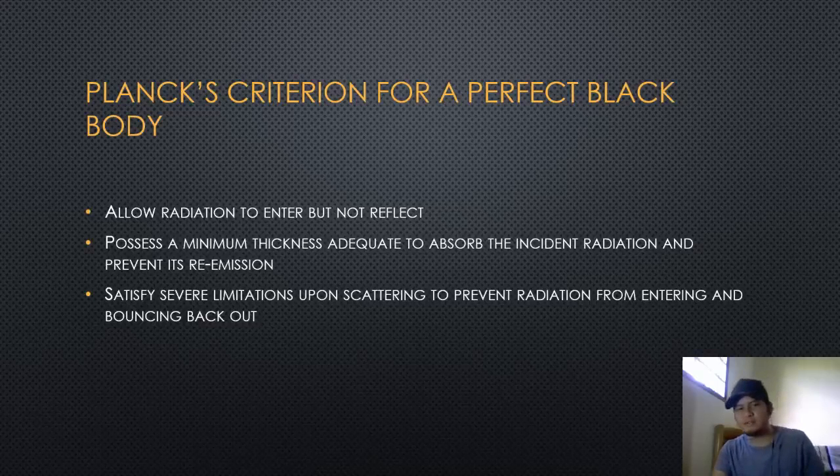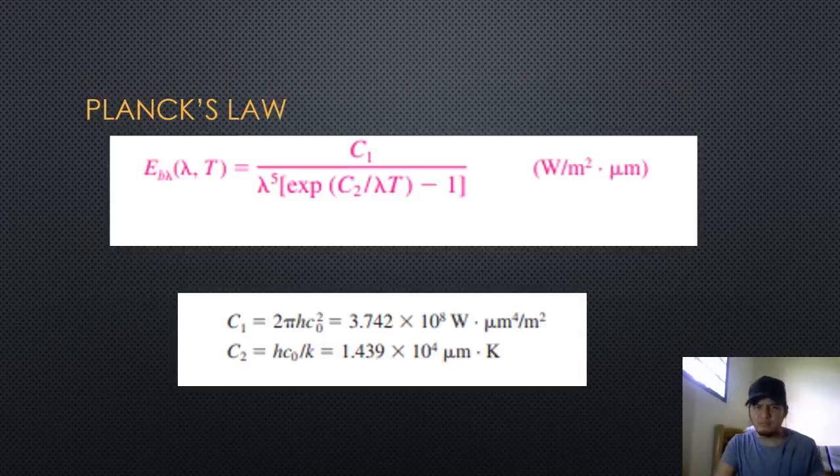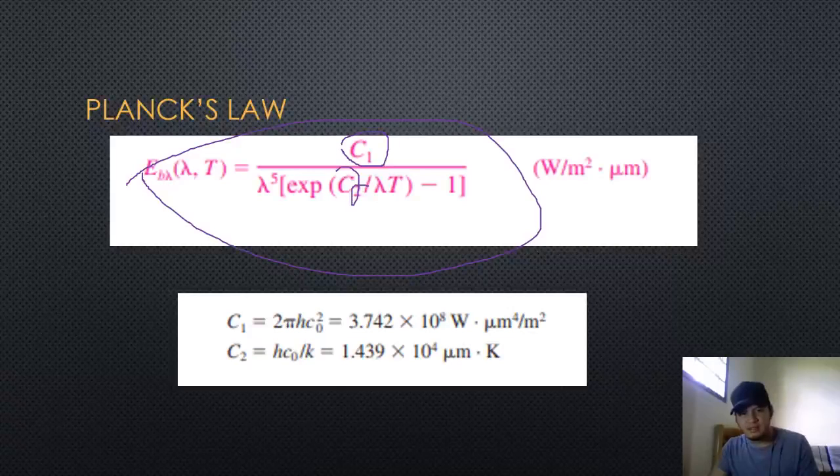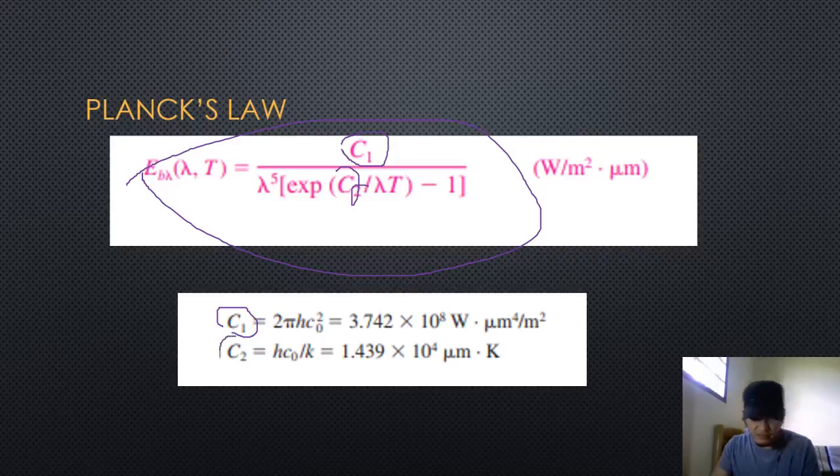That is the Planck criterion. This is Planck's law. As you can see, there are C1 and C2. C1 is 3.742 and C2 is 1.439. I think the values of C1 and C2 are fixed.